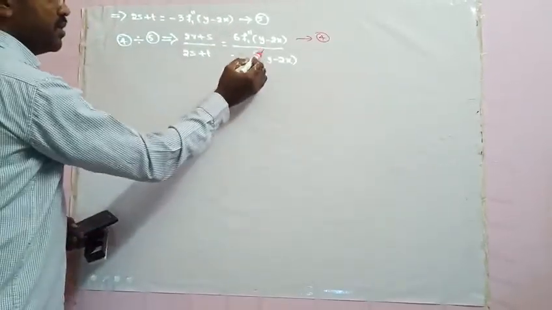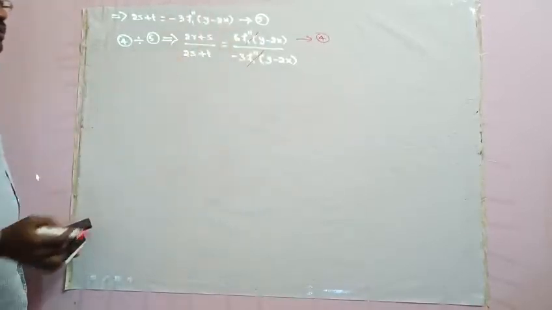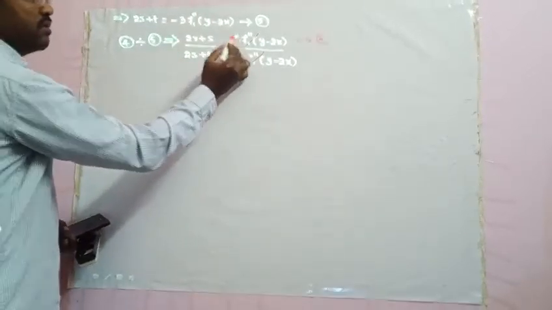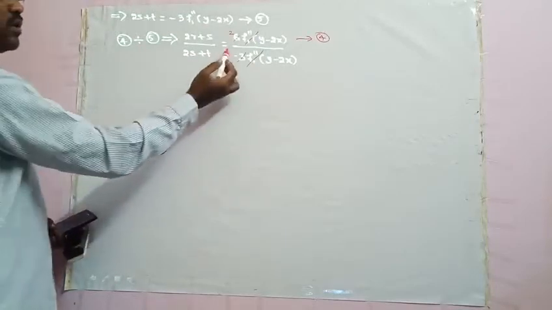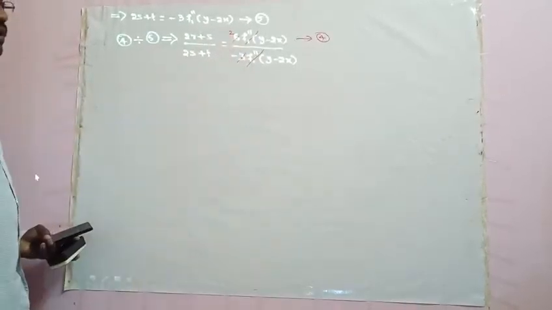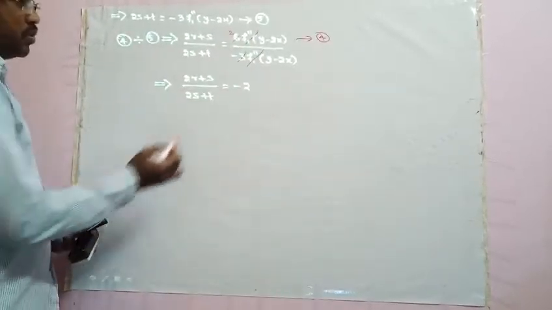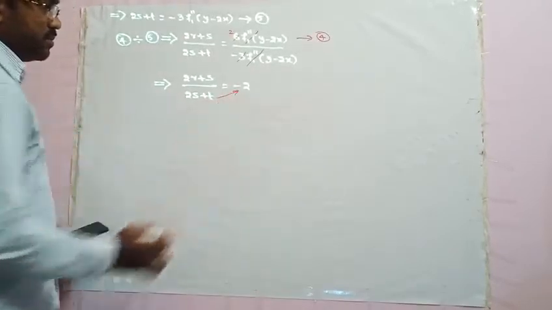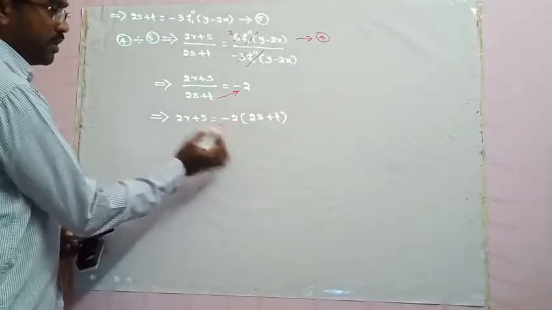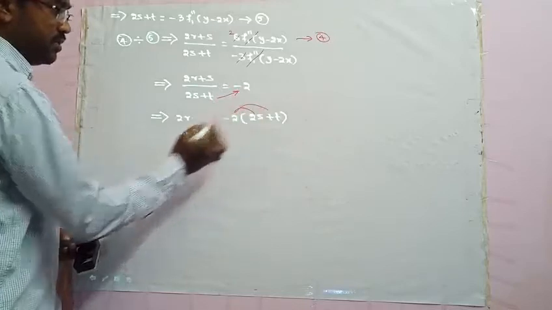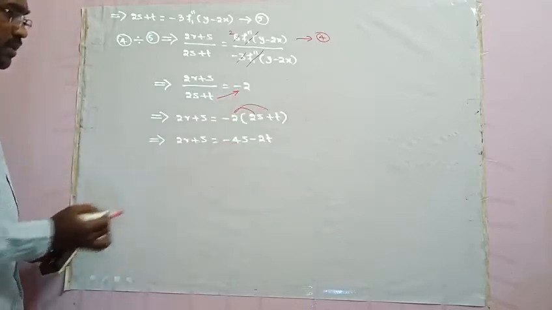Now what happens? F1 double dash get cancelled. 3 ones are, 3 2s are. So we will get this minus 2 in the RHS. You get minus 2. Now that 2 cross multiply here. If you cross multiply, you will get this. Multiply this 2 inside. You will get this. And now rearrange.